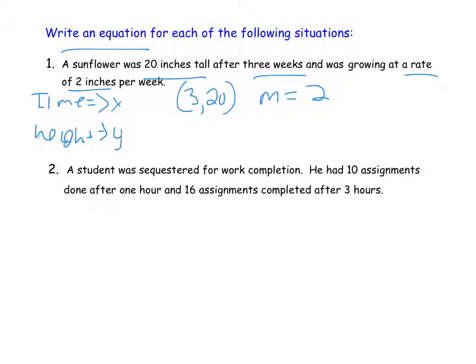I didn't say you had to write it in both ways. I just said write an equation. So which form would be the easiest to use? Well, if I'm given a point and I'm given the slope, point slope would be the easiest. So y minus 20 equals 2 times x minus 3.